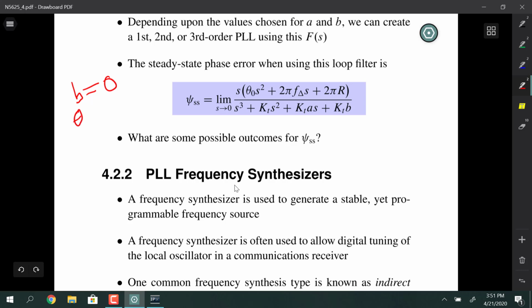So we're going to have theta naught equals 0, and we're going to have f delta, which is the frequency step, equal to 0. But we are going to have a frequency ramp not equal to 0. So I can scratch that term, scratch that term, I can scratch that term.